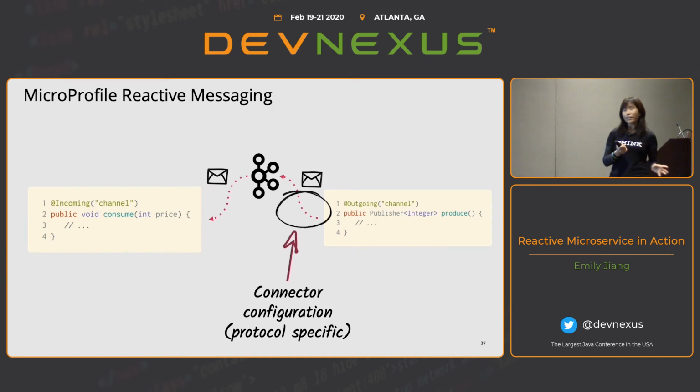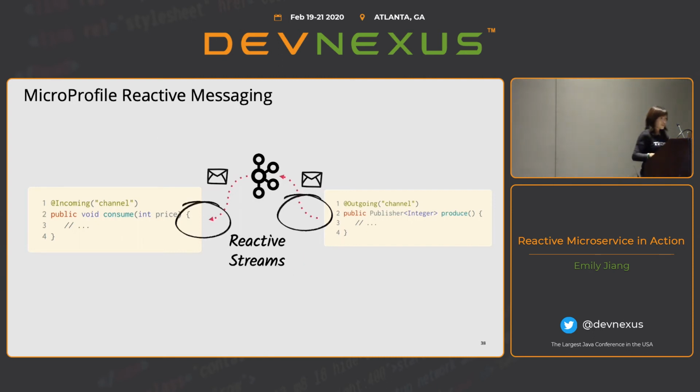As long as the consumer can also subscribe to that place, you are fine, and the message will be delivered from the publisher to the consumer. This demonstrates how it works: they connect via the connector, via the streams.